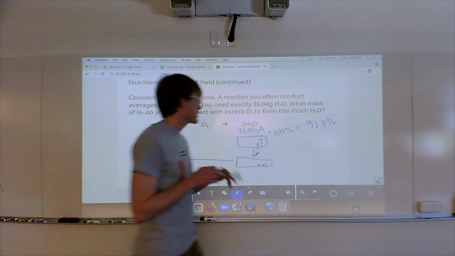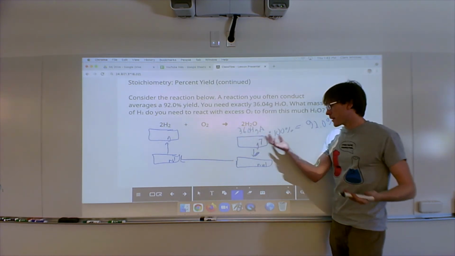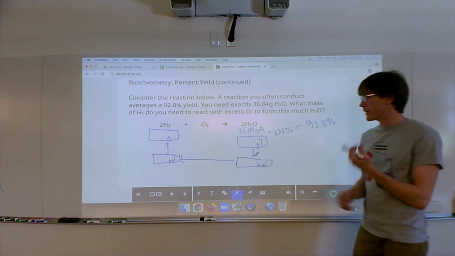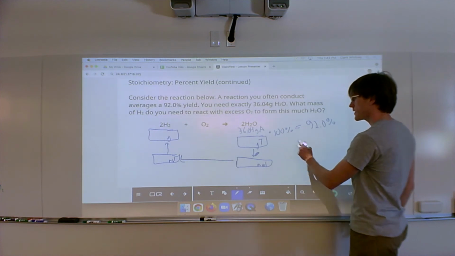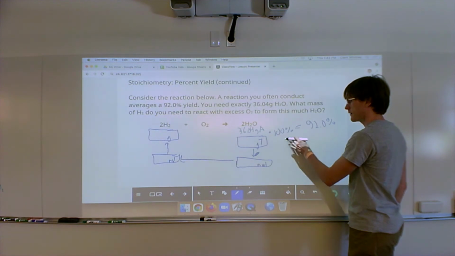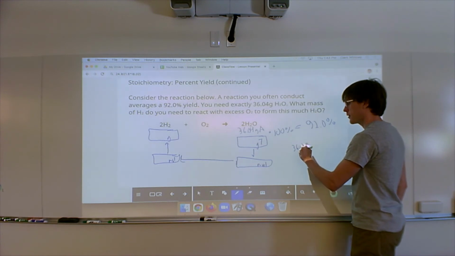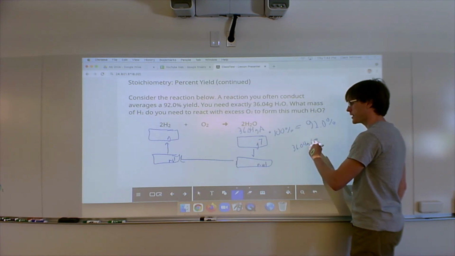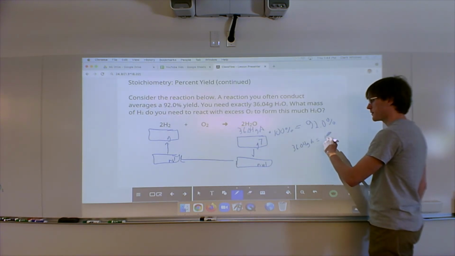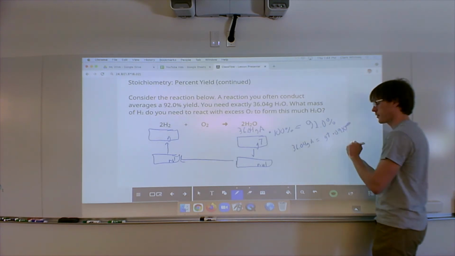In order to solve this, the first thing I need to do is take this section and solve it like an algebra problem to get to my grams of theoretical yield. If I do that separately, I'm going to get rid of the percents. We have 36.04 grams of actual yield is equal to our grams of theoretical yield times 0.920.